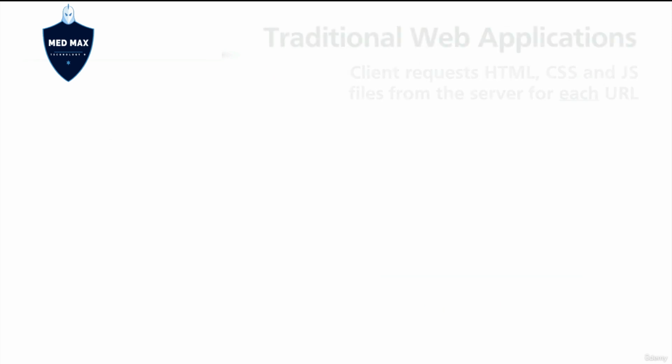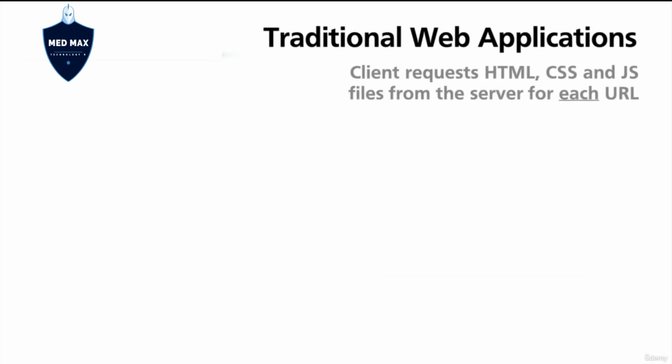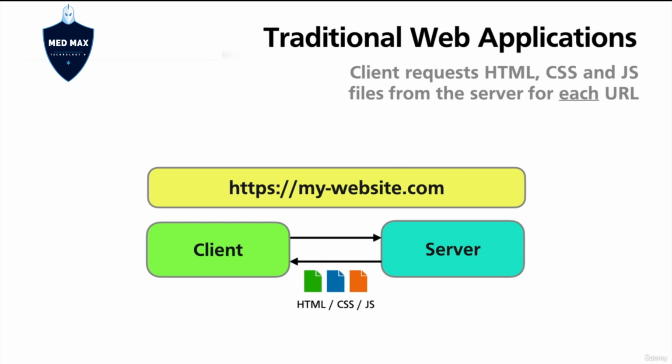Let's now discuss how traditional web applications work on the client side and how navigation between different URLs happens. In the traditional web application, when user opens, let's say, URL https mywebsite.com, which is basically root URL for the domain mywebsite.com, your device downloads HTML, CSS, and JavaScript files specifically and only for this single URL.